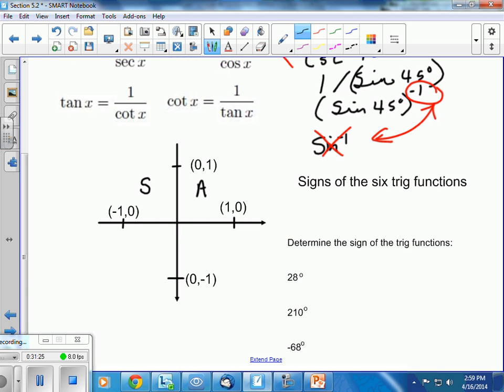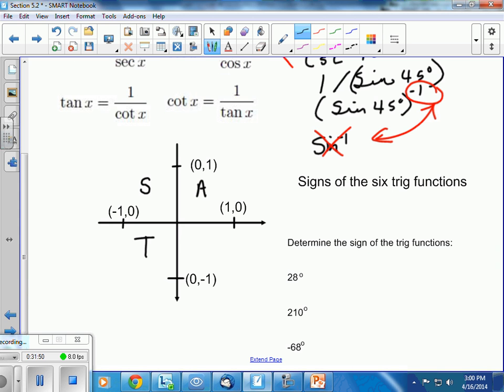If I have a negative divided by a positive, obviously I'm going to have a negative. However, remember that the tangent and the cotangent are y over x or x over y. I have a negative divided by a negative. So in the third quadrant, the tangent and its reciprocal cotangent are positive.